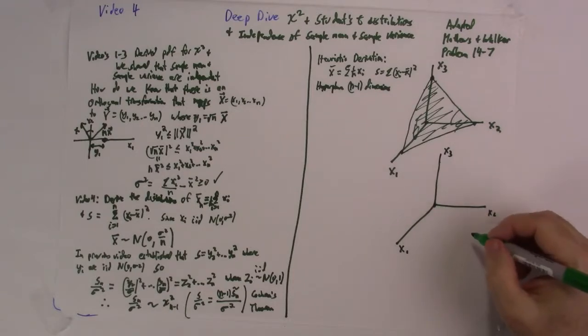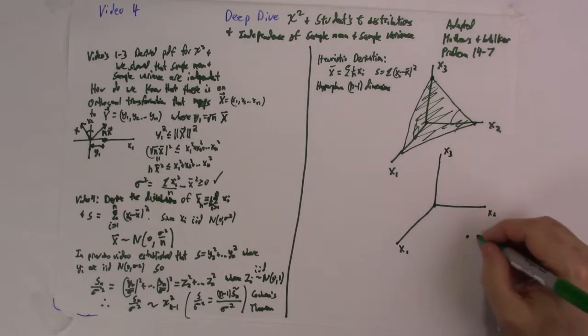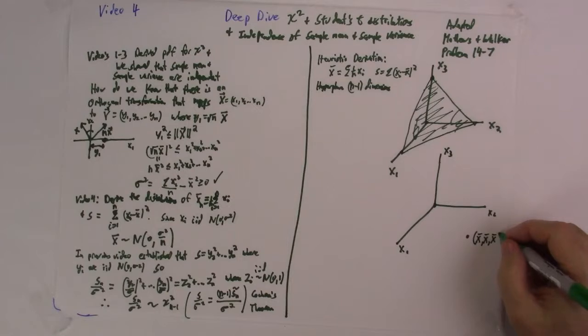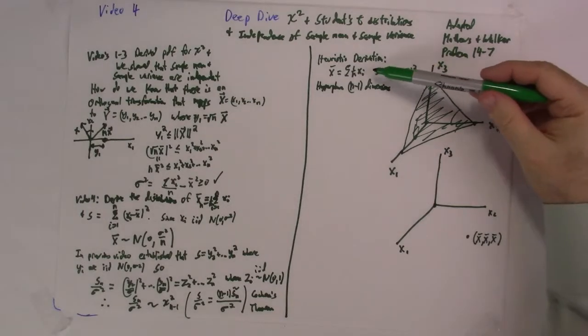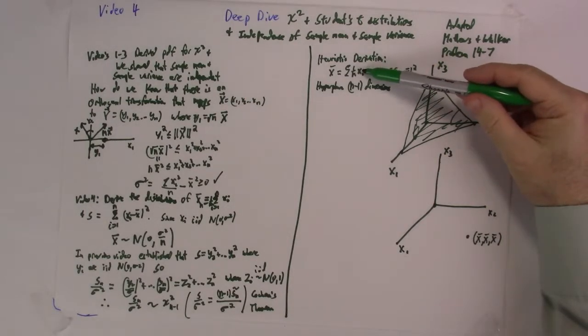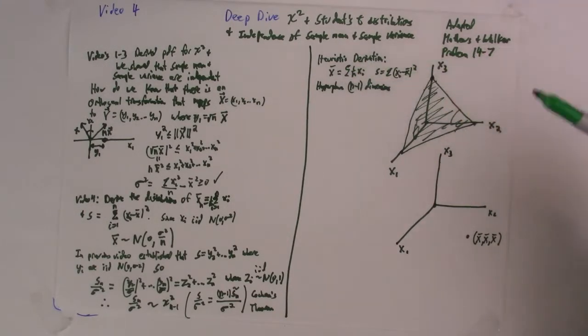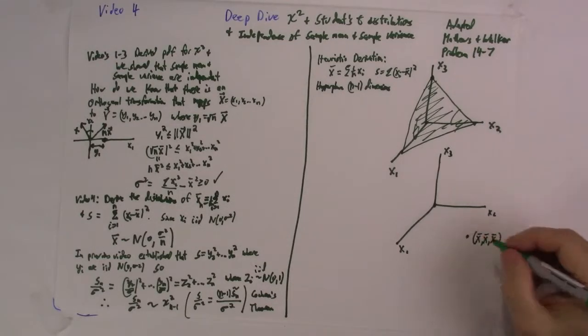I'll do it here in 3. Some kind of vector that lies on that hyperplane has coordinates x bar, x bar, x bar for 3 dimensions. And it's easy to see that if x1, x2, and x3 are all x bar, we're going to get 1/3 the sum of 3 x bar, which is x bar. So this point lies on the hyperplane.